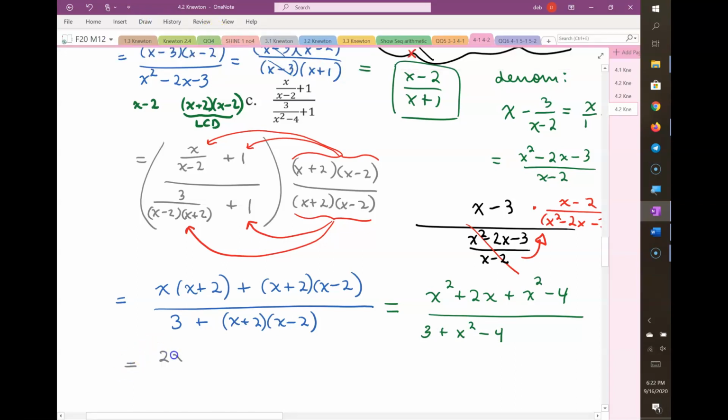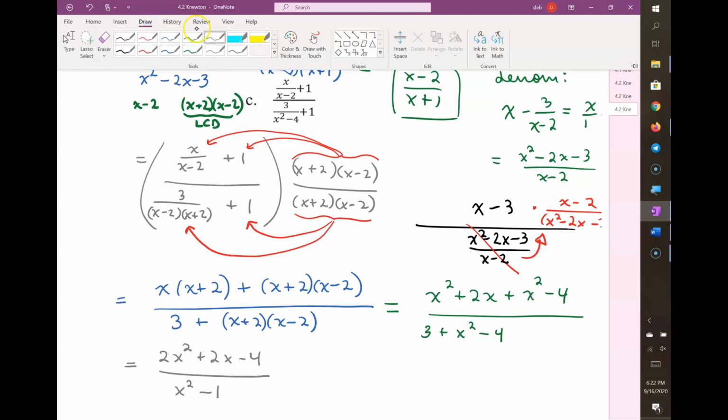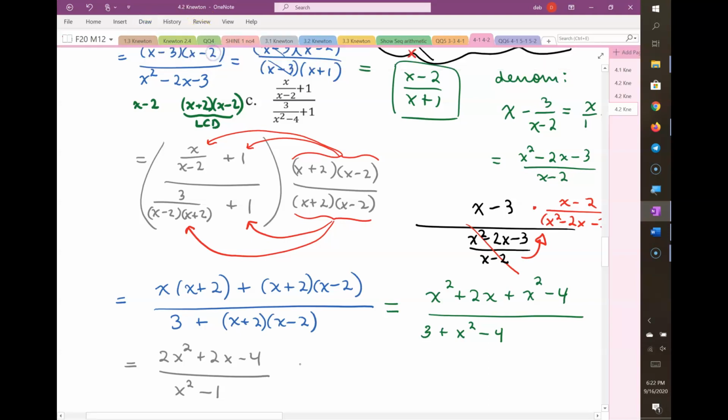So it looks like I have 2x squared plus 2x minus 4 over x squared minus 1. So I'm seeing a common factor of 2 in my numerator. So I'm going to factor out the GCF. I see that my denominator factors as a difference of squares.